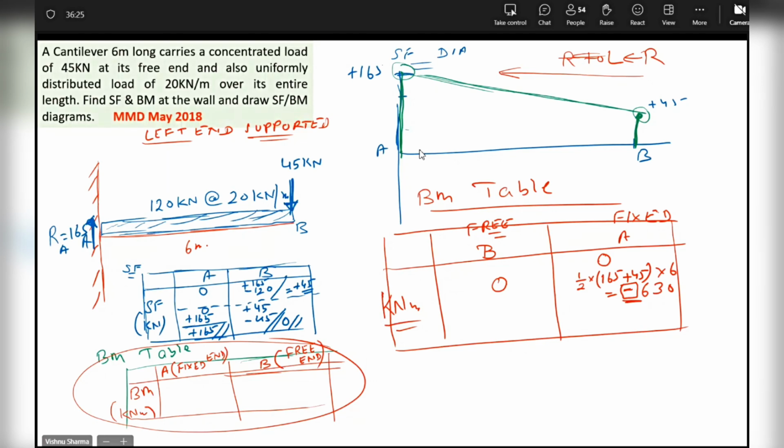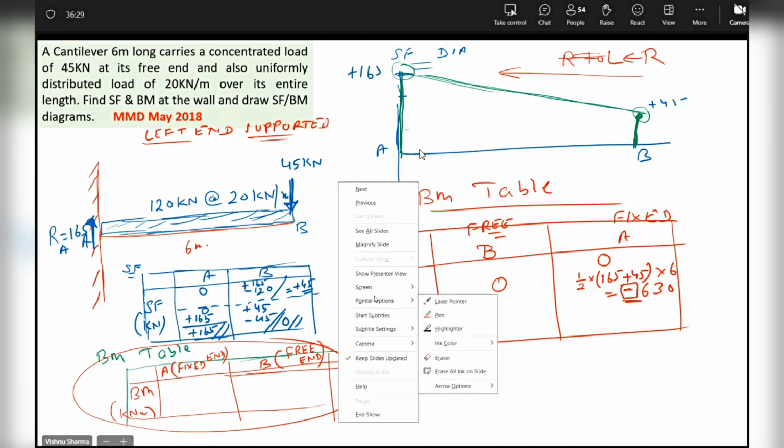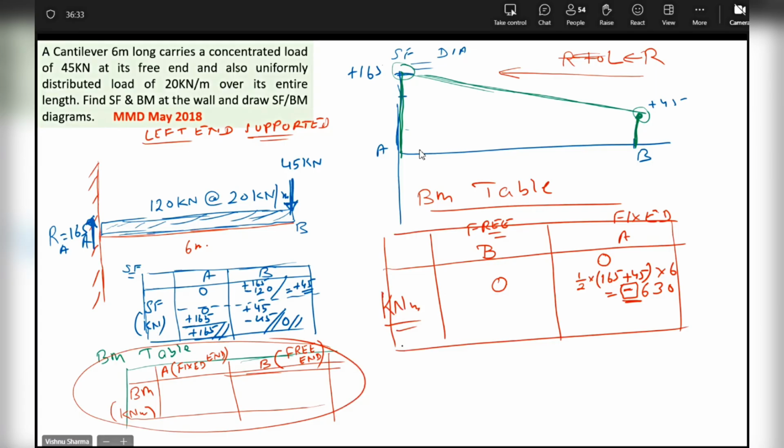And now, once I put the sign to it, I'll be able to draw the BM diagram. The catch lies in the BM diagram where you'll have to be careful. My BM is negative, so I can have the x-axis here. It's A, it's B. My maximum BM is here, minus 630. My BM at A is 0. I have to join them.